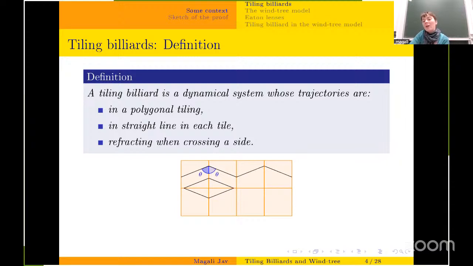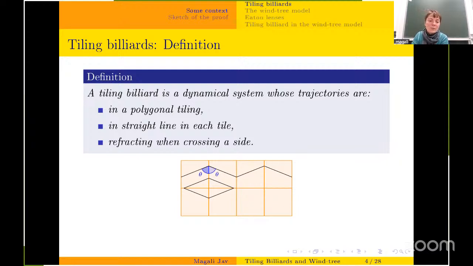For a square tiling, this is kind of boring. You only have two types of trajectories, like the periodic one, which is 4-periodic, and the zigzagging one, like that. And this is all you can get. But for other shapes, you can have lots of different behaviors. So this is really an interesting dynamical system.